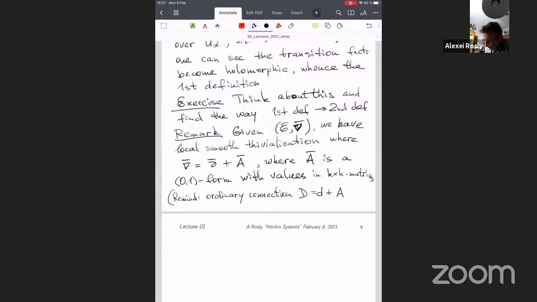And here, for an ordinary connection, it's a 1-form with values in matrices, or Lie algebra, for more elaborate versions. Okay.